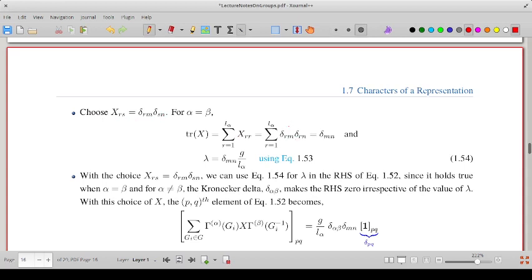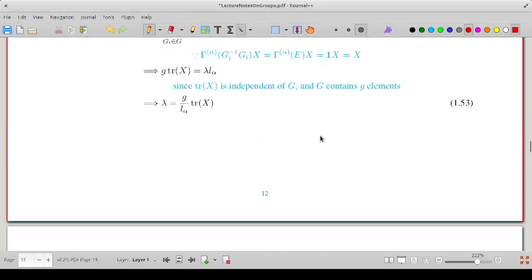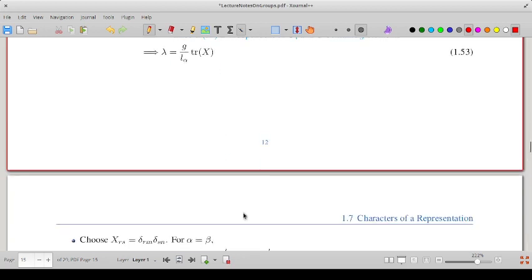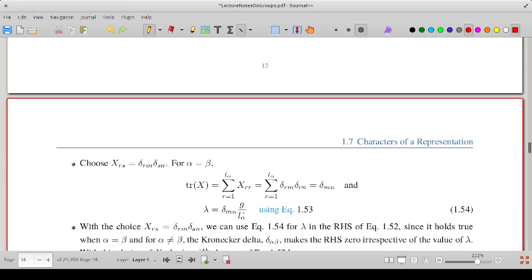Now the summation over Kronecker delta can be easily done. So we use this Kronecker delta. So after summation, the R here will be replaced by M. So we will have delta Mn. So trace of X is equal to delta Mn. And substituting this here, for this particular choice of X, we will have lambda equal to G by L alpha times trace of X, which is delta Mn.